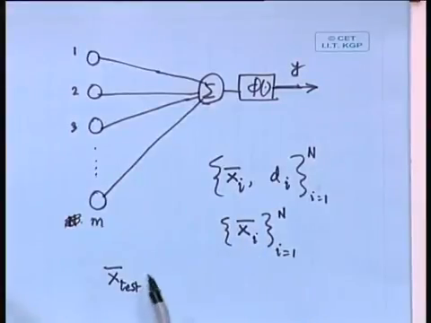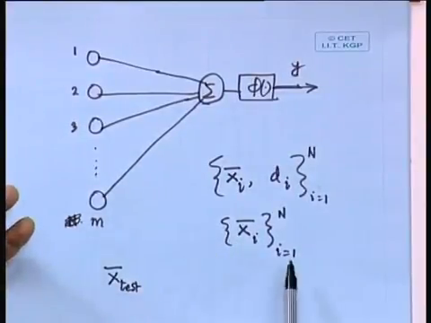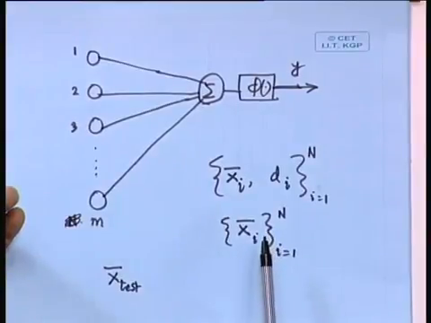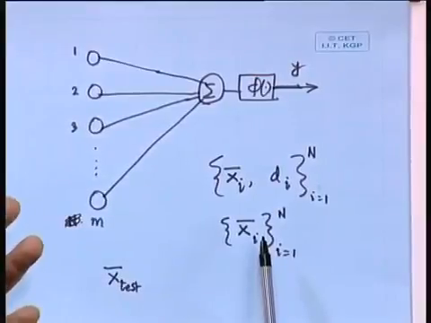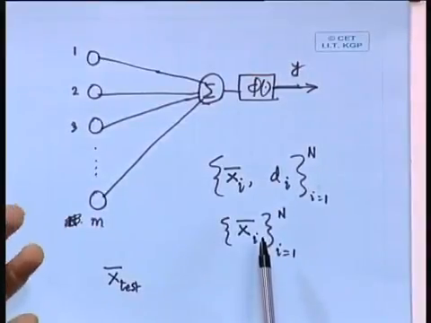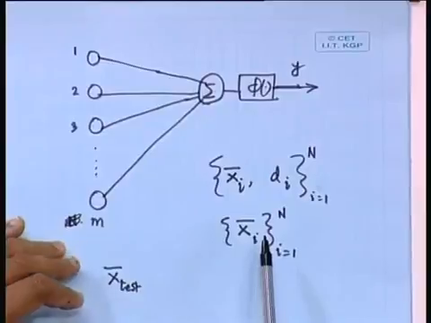So we are going to examine whether X test is closer to X1 or X2 or X3 up to Xn, and the one that is closest, let us say Xk or Xj happens to be the closest.